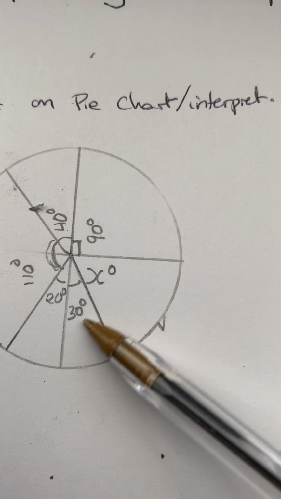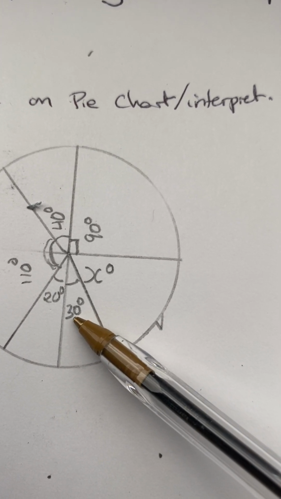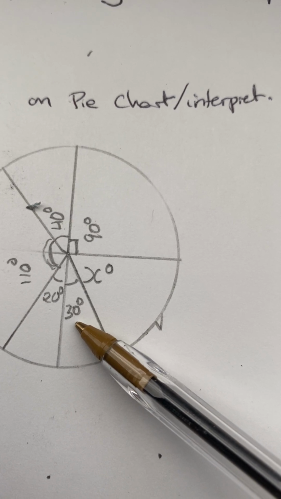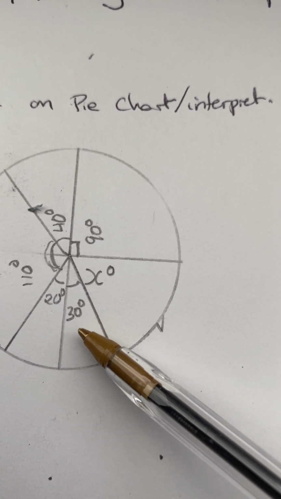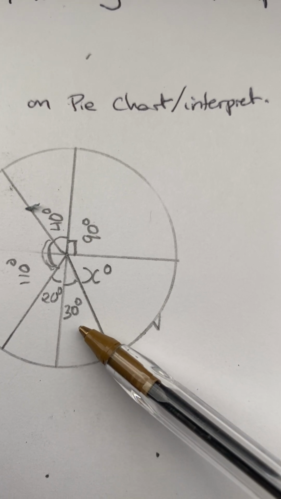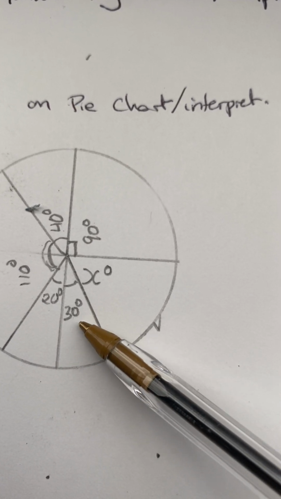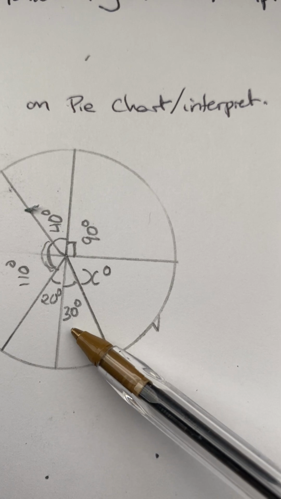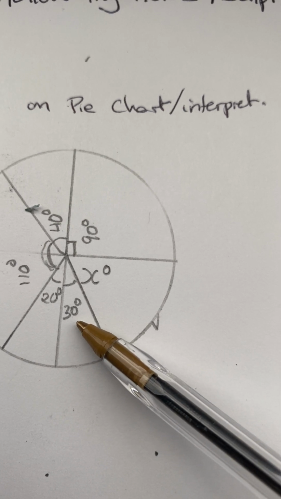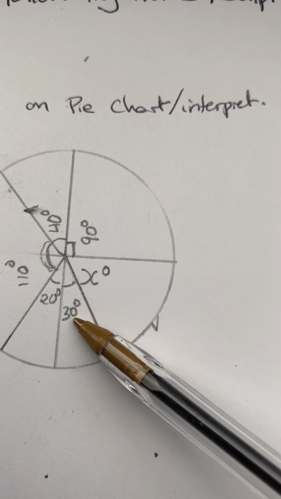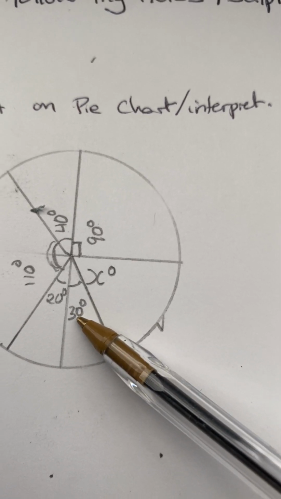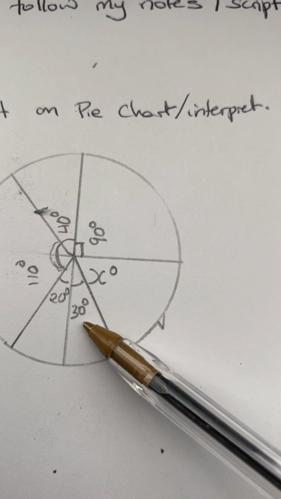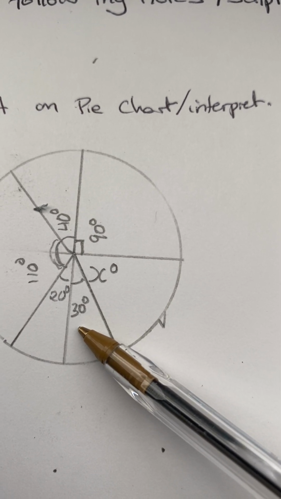So assuming I point to this and I say 30%, it is degrees, not percentage. If I catch myself saying that, I might end up repeating it again, but always follow what is on the script.